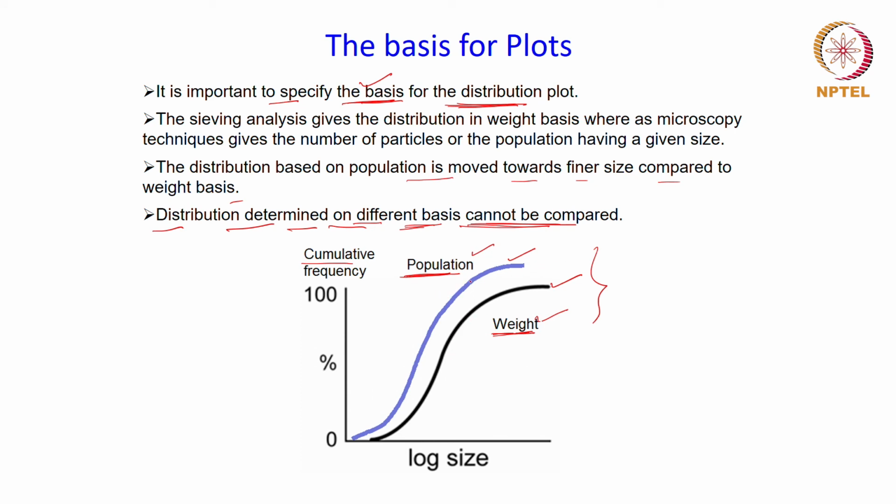Okay, that is what you see over here if you compare these two plots. And therefore, as I said, it is important to specify the basis when you are representing particle size distribution data.